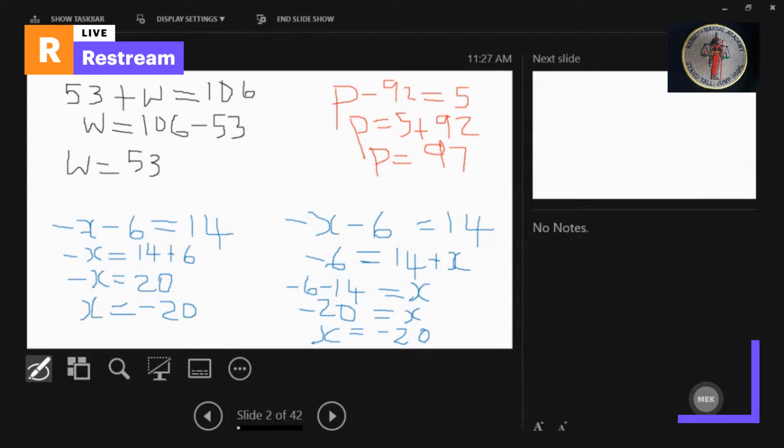Or for the first one, where I have the negative 20, because I had a negative x equals 20, and I don't want a negative x, I want a positive x. So I divided both sides by negative 1, which automatically changed the negative x to a positive x, and changed the 20 to a negative 20.